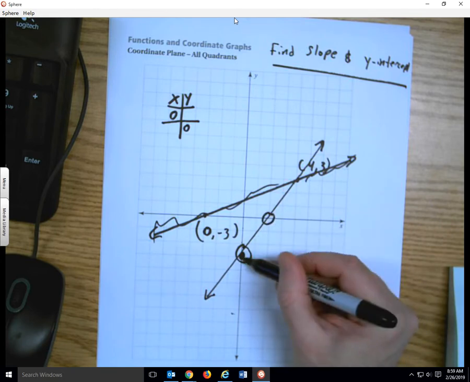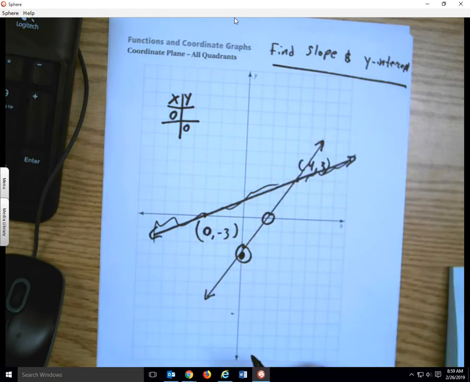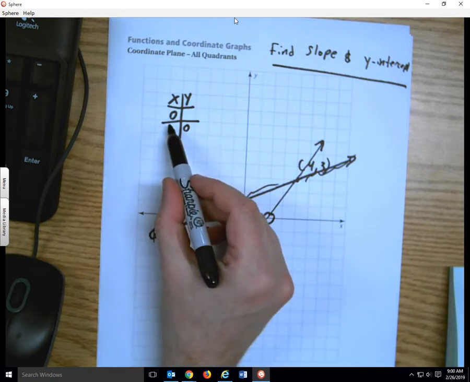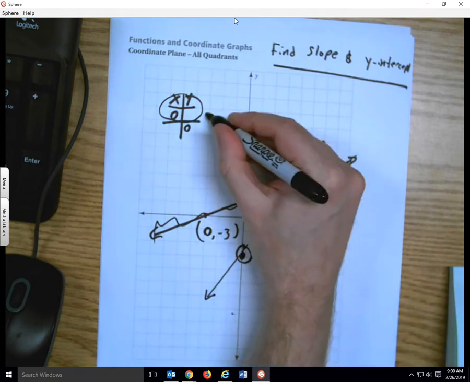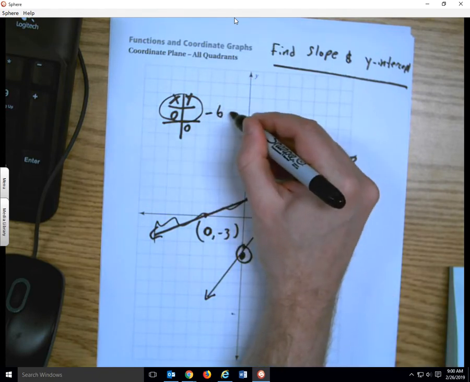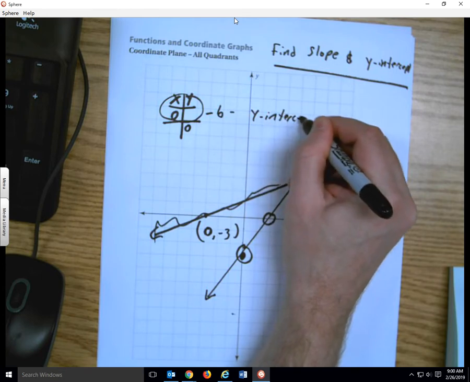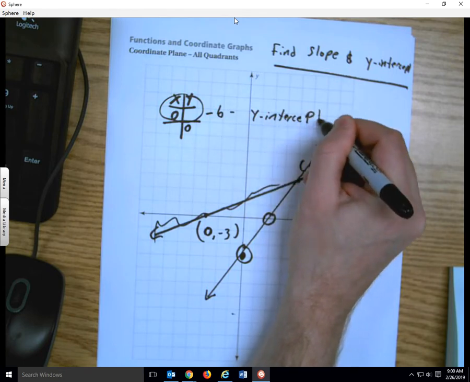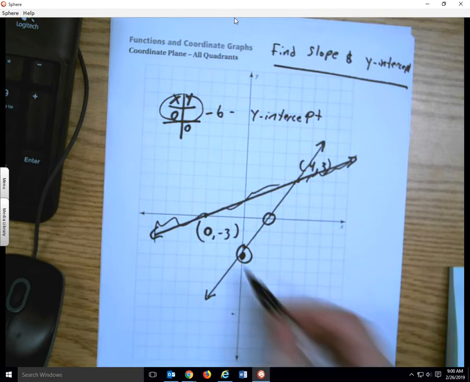So if you can choose any 2 points on this line, it's wise to choose one of those points with the x being 0. And the reason why is that is the same thing as the b, which is the same thing as the y-intercept. Okay? So it's smart to choose this point on the line.